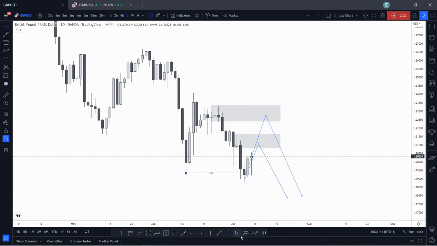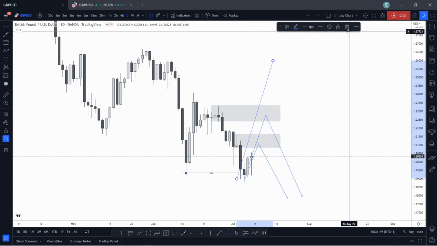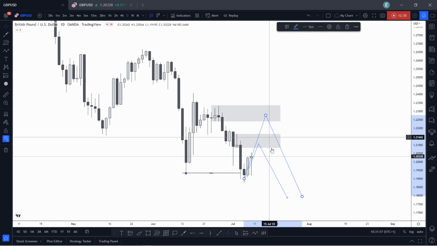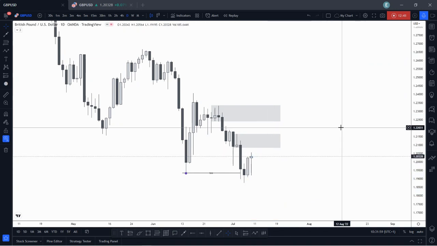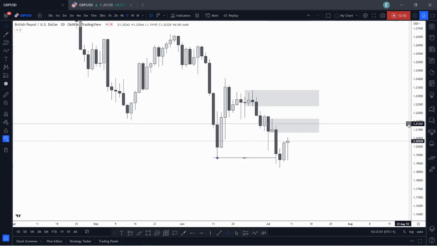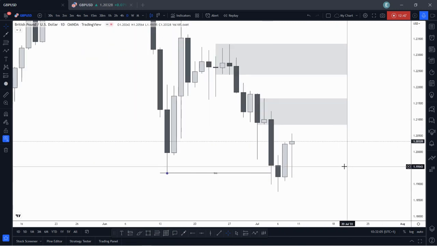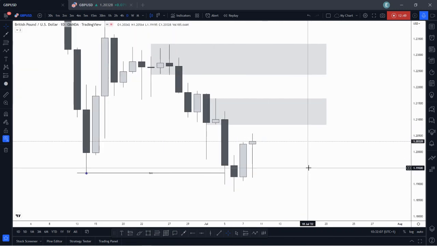Or worst case scenario, the market could just blast through this order block, and based on what we analyzed on the monthly time frame, we'll just continue seeing bullish price action. So there's really not much detail on the daily time frame, but as you can see on the daily time frame, I made a video on this particular topic.